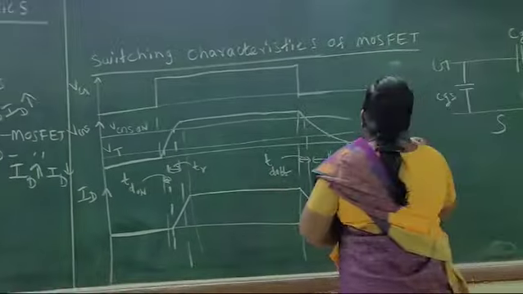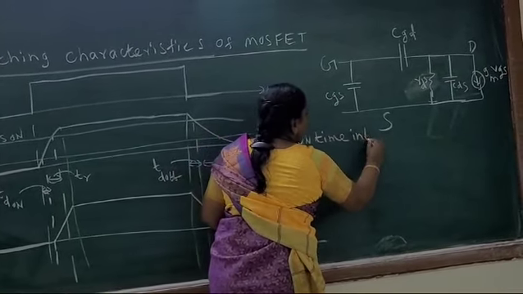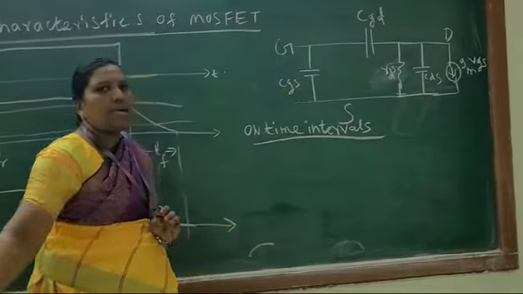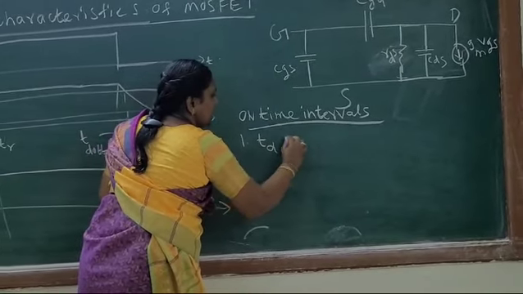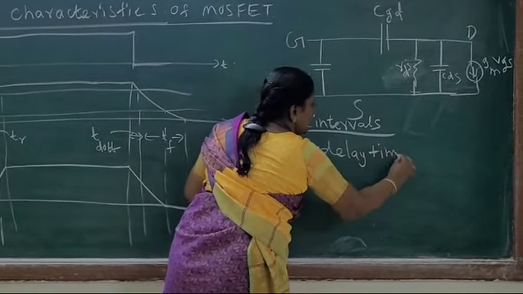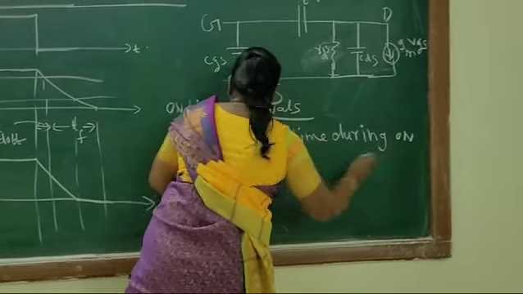On time intervals are t_d(on), this is the delay time during on.